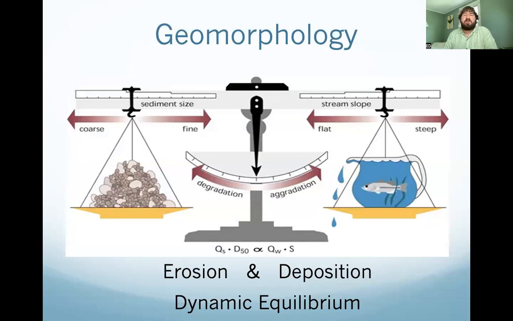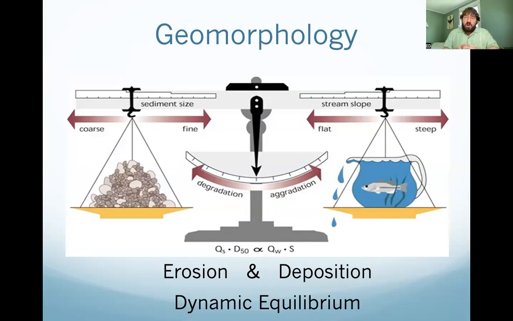So we talked about morphology being the shape and form of a river. Well, there's fluvial geomorphology, and that's a process that really dictates how sediment and water interact with the river channel to create that shape and form.